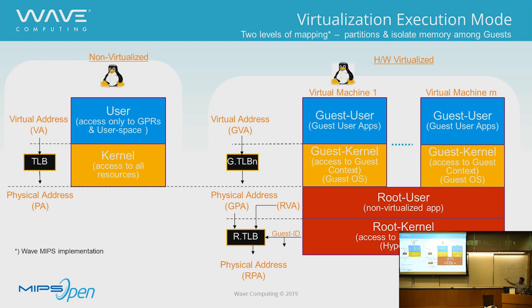So what's called a guest ID, as you see on the diagram, is an 8-bit value. What we have done at MIPS, we use 3 bits, 4 bits, 5 bits so far. That allows us to get up to 7, 15 or 31 environments that can be isolated from each other. And customers use them in that fashion.